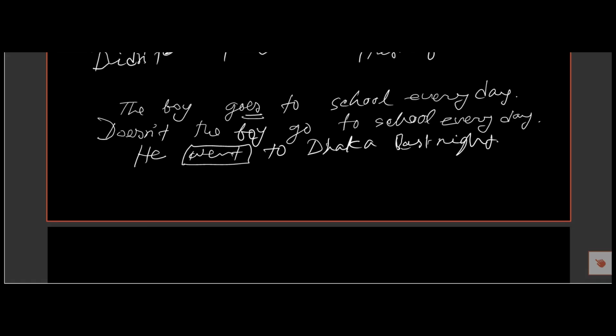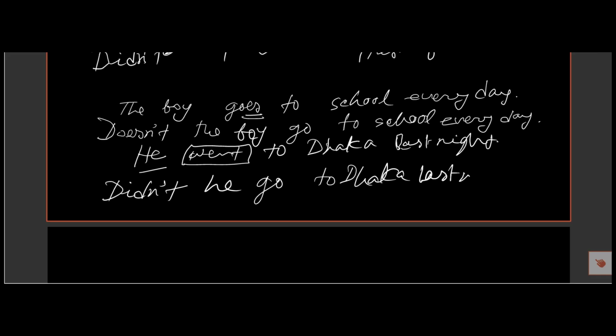So the sentence must begin with didn't, then the subject he, then the verb will be in the present form, so went becomes go, to Dhaka last night, and at the end there is an interrogation mark.